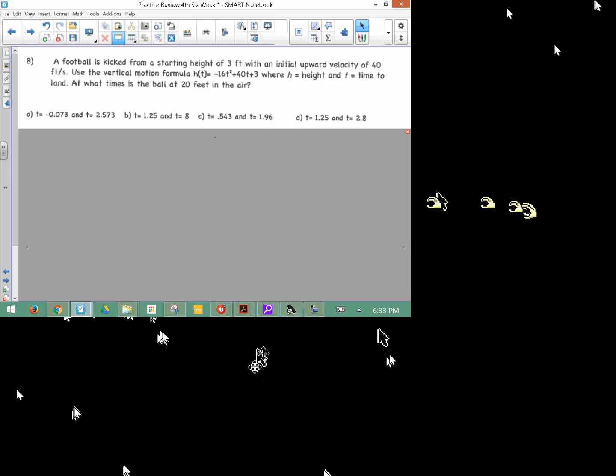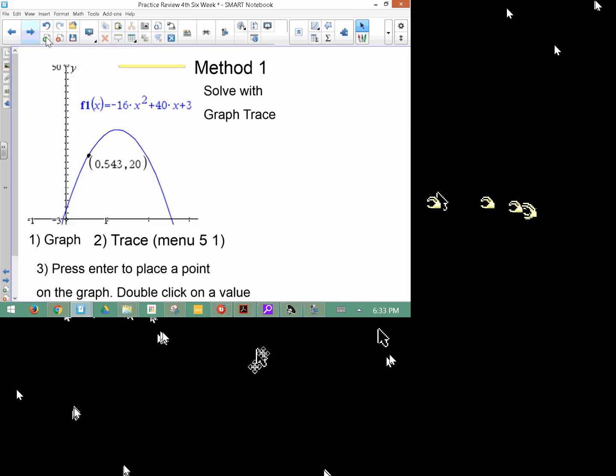We'll get this point right here. Since x is the time and y is the height, we want to know when the height is 20, what is the time? And the time is just over a half.